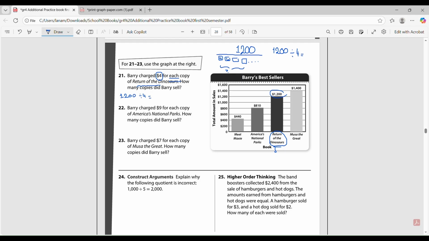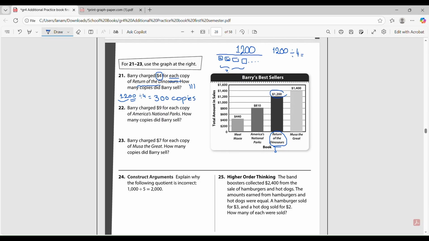Let's look at this number. I have a 12 over here divided by 4. Let's skip count by 4. 4, 8, 12. So the answer is 3. And I still have 2 zeros that I will move to the quotient. So 300 copies. These are the number of copies that Barry sold.